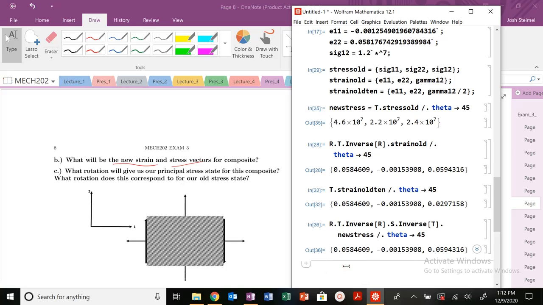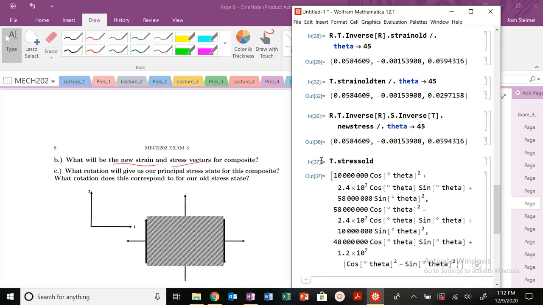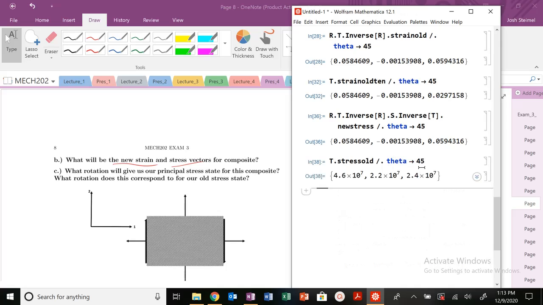An easy way to solve this problem is to just look at your stress old. So in my old, before I'm looking at that plane of interest, I could just do t dot stress old, and if I solve for some values, let's say theta goes to 45, for example. My principal stress state will be when my shear stresses are all equal to 0.